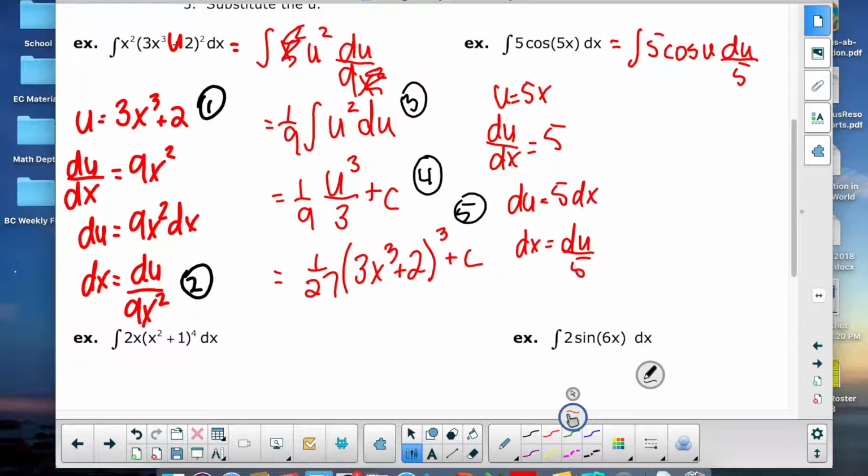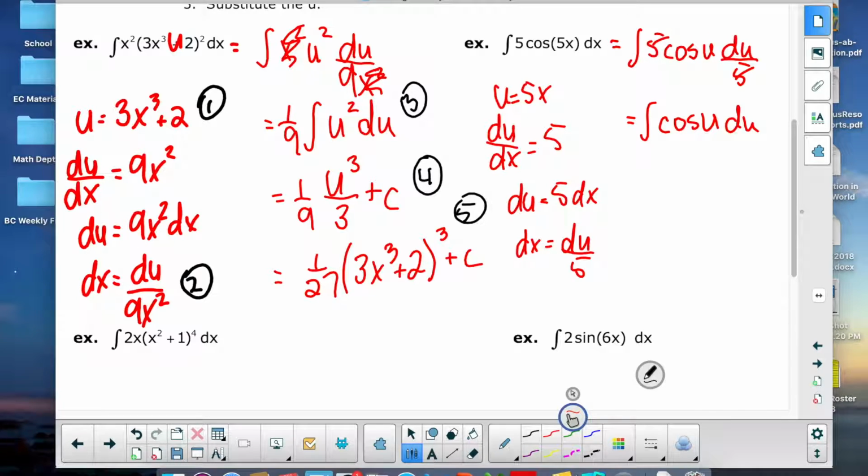Okay, can I simplify this? How? The 5s, they cancel each other out, don't they? Which means I'm left with the integral of just cosine of u with respect to u.